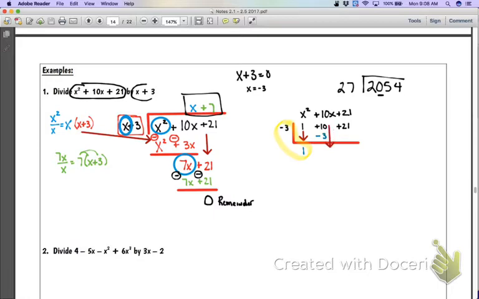So 10 minus 3 is 7. Now take my new values, my negative 3 and my 7, and multiply those two together. Get negative 21. And then add straight down, and I'm going to get 0.